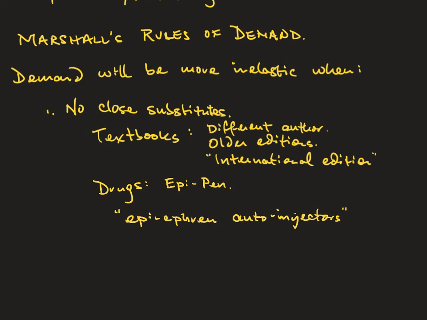So for people who have severe food allergies or bee sting allergies, who run the risk of a severe allergic reaction that can be life threatening, can limit their ability to breathe if exposed to the allergen, epinephrine sort of cancels out that reaction. And these auto injectors are just a tube: you push it against your skin, a needle pops out and injects epinephrine into your skin. People with EpiPens, is that a fair description? Yeah.